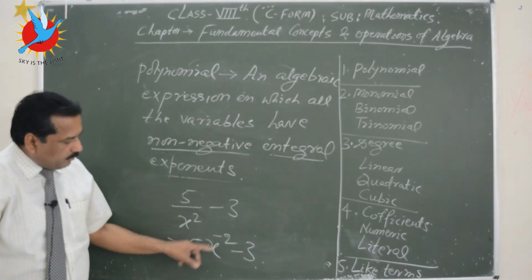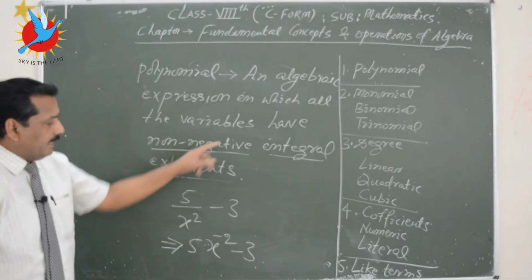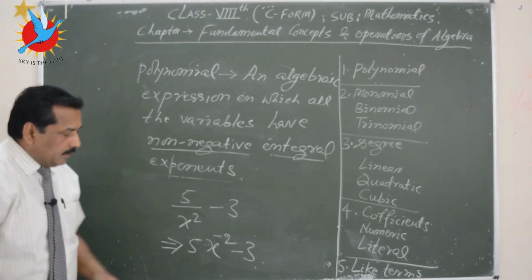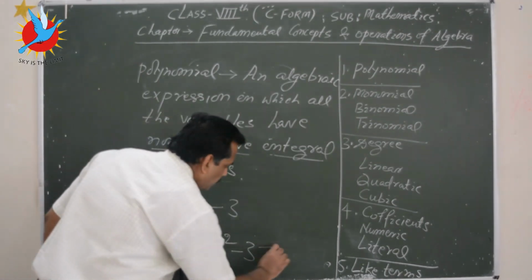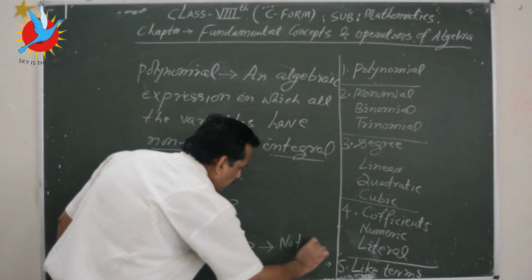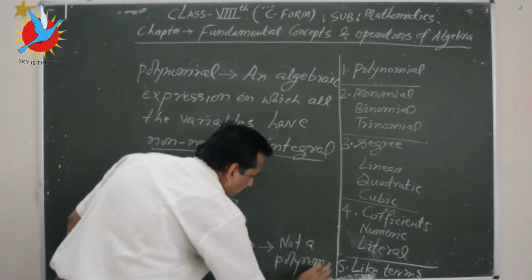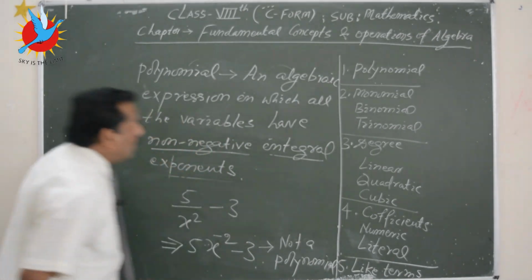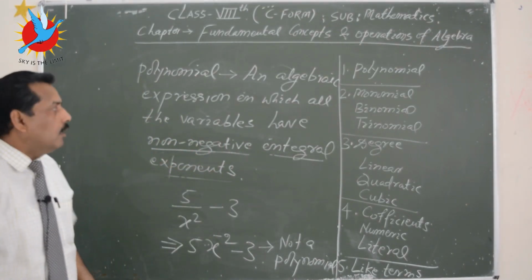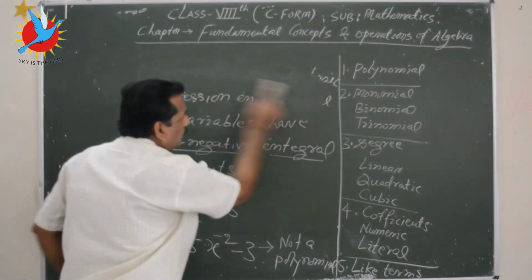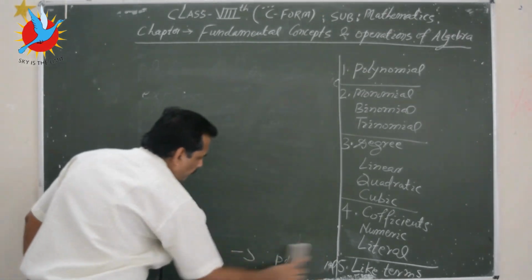The exponent of this variable is minus 2. It is not non-negative, so this does not fulfill the criteria to be a polynomial. This is also not a polynomial. So at this stage you can identify whether a given algebraic expression is a polynomial or not.